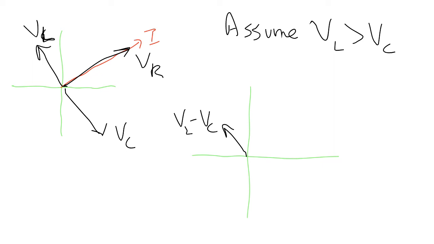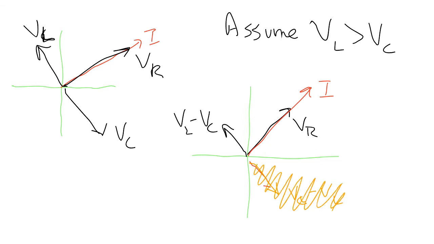VR is still in that direction right there. And then my current is pointing in that direction. If we assumed VC was bigger than VL, it would have been going in that direction. We'll do orange. So this would be VC minus VL, however, we are not doing that, and so this is what we're left with.